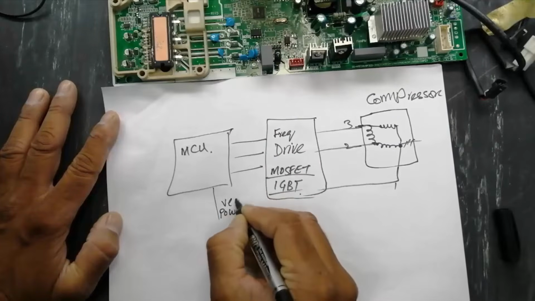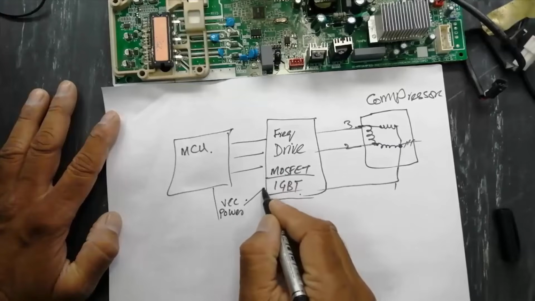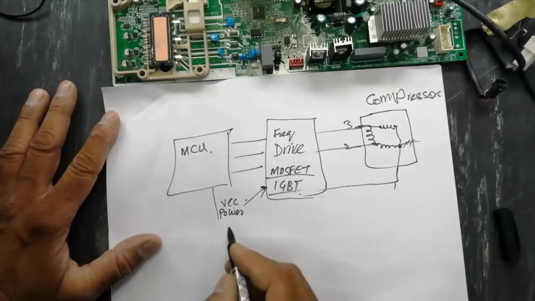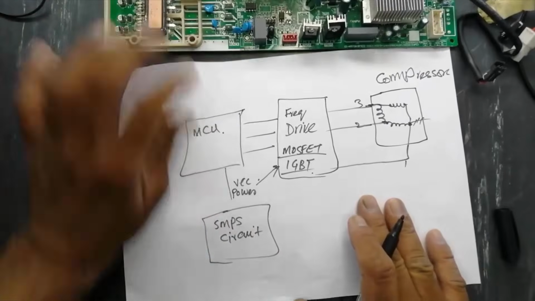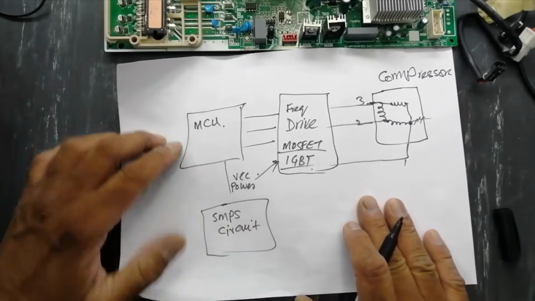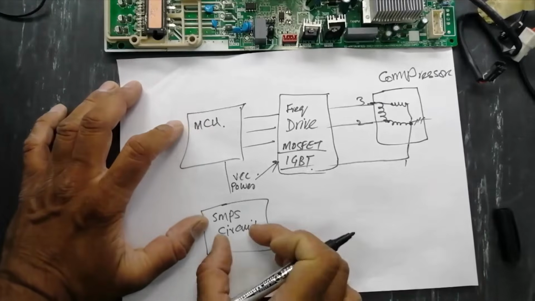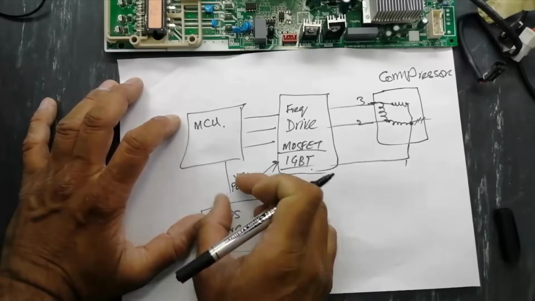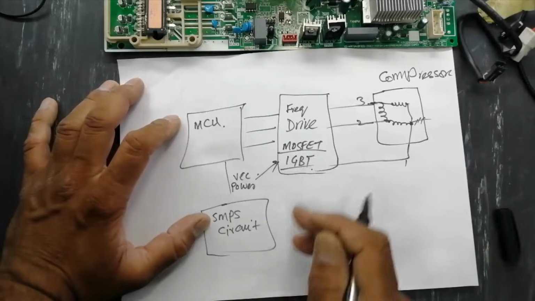What power? VCC. This drive circuit also needs VCC. To generate VCC, we need an SMPS. What kind of power it will generate depends upon the MCU. If it is 5 volt operated, we will set 5 volt. If it is 3.3 volt, 3.3 volt.